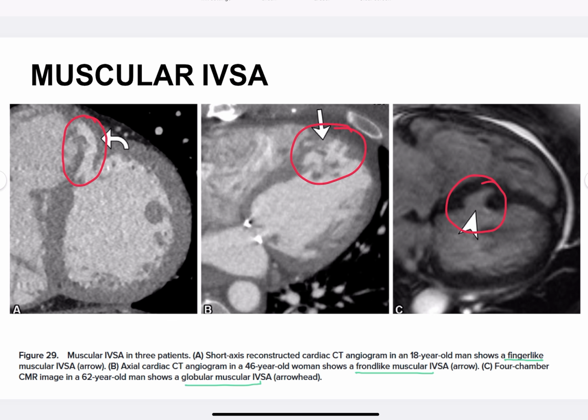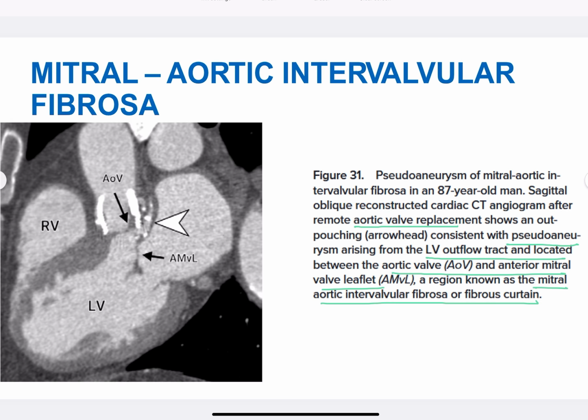Now this is an entity known as the mitral aortic intervalvular fibrosa. Basically, specifically in patients who have undergone aortic valve replacement, sometimes we see an outpouching that is arising from the left ventricular outflow tract.